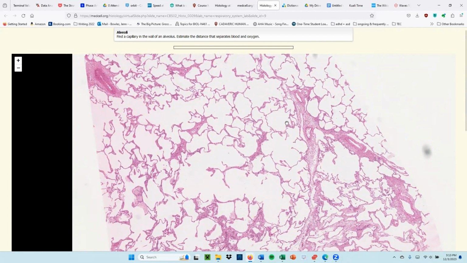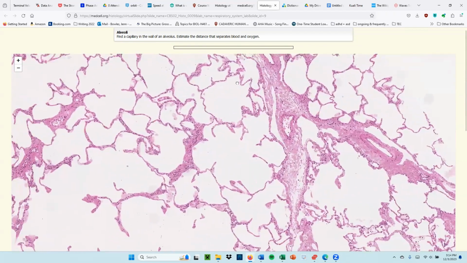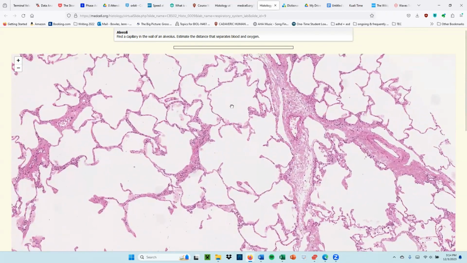So at this point, after entering the lungs, we have the primary bronchi branching off into secondary and tertiary. At this point, we're dealing with bronchioles and then the air sacs themselves, the alveoli. So the main way to tell those things apart is our bronchioles are still going to have smooth muscle associated with them.